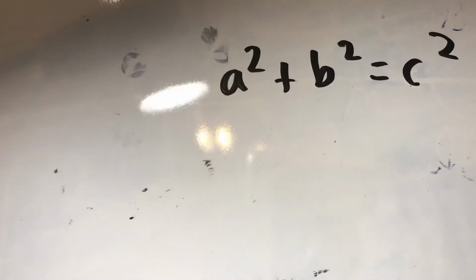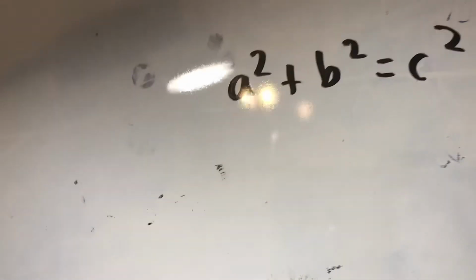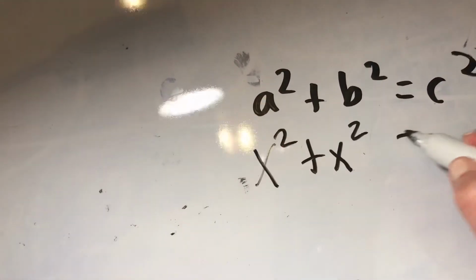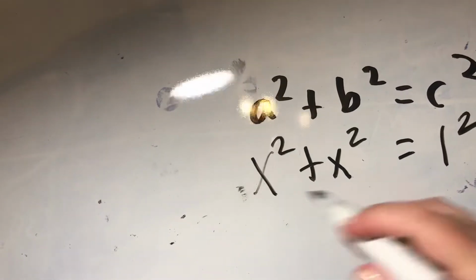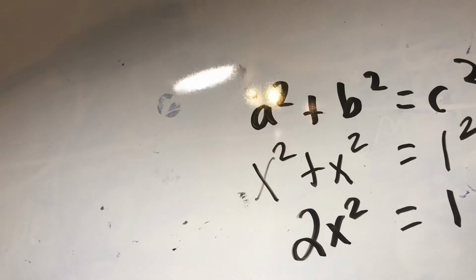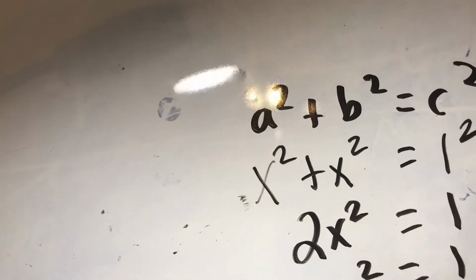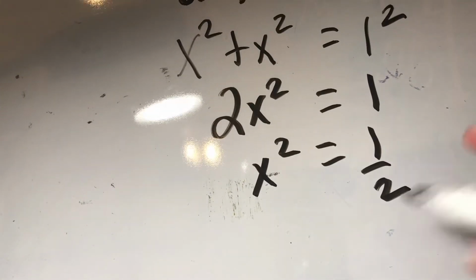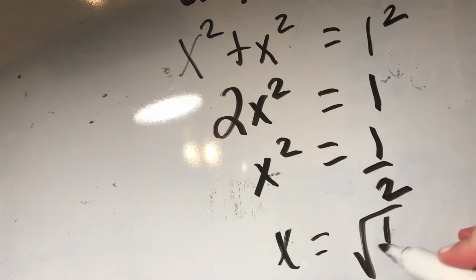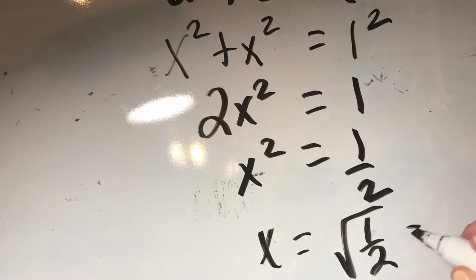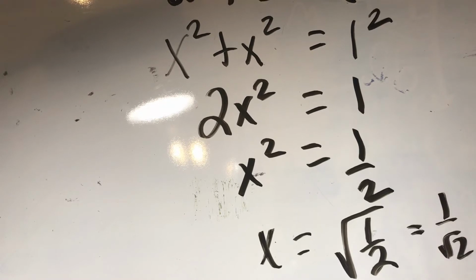Using the Pythagorean theorem, x squared plus x squared is 1 squared. X squared plus x squared is 2x squared. And to solve that for x, you would divide by 2. And then square root both sides. The square root of 1/2 simplifies.